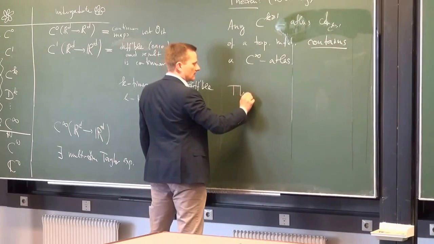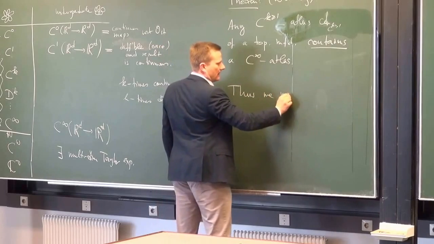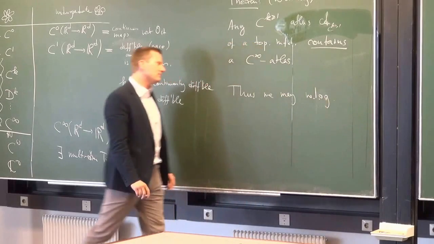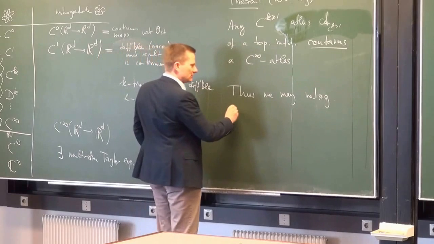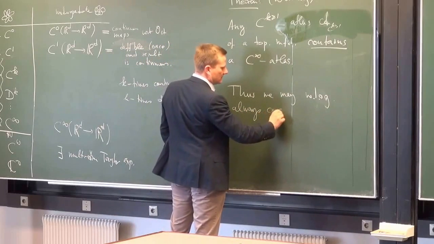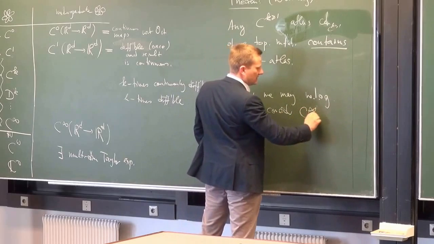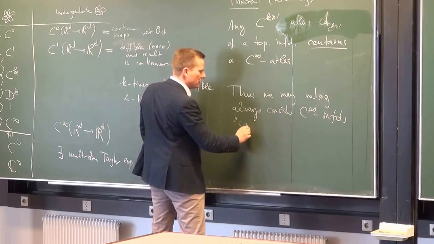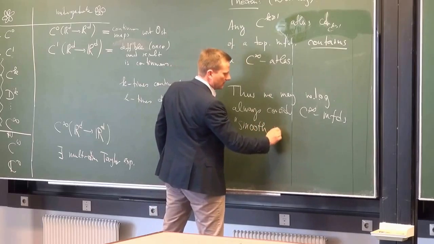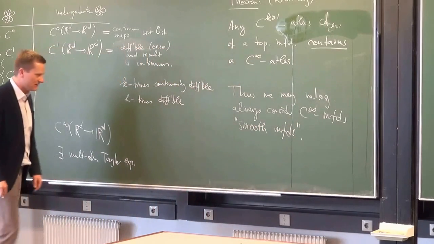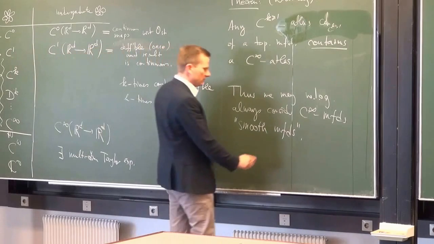Thus, we may, without loss of generality, always consider C infinity manifolds, and they have a name, they're called smooth manifolds, because that's nicer, that's smoother than saying C infinity manifold.